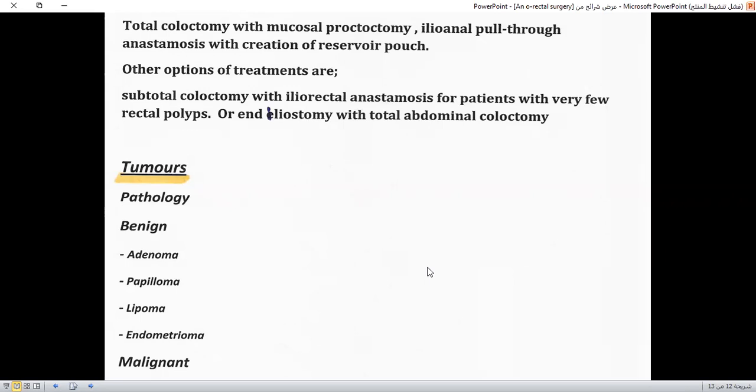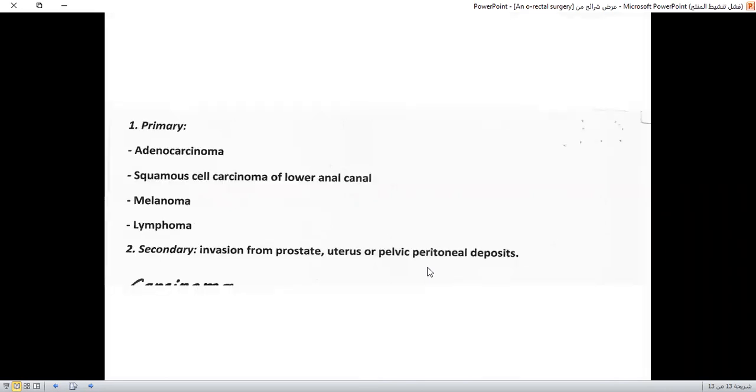Malignant tumor of the rectum, or CA rectum. This is an important subject. We have benign and we have malignant, and the malignant is either primary or secondary.